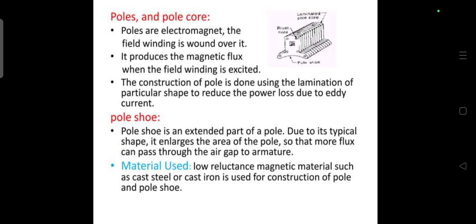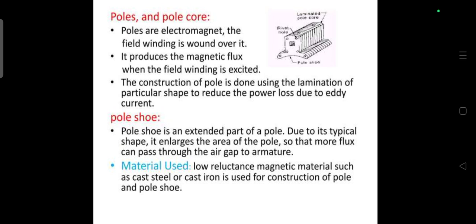It produces the magnetic flux when the field winding is excited. The construction of the pole is done using laminations of a particular shape to reduce the power loss due to eddy current.